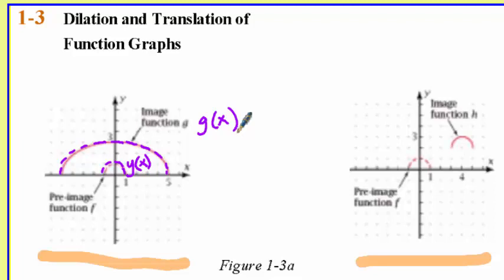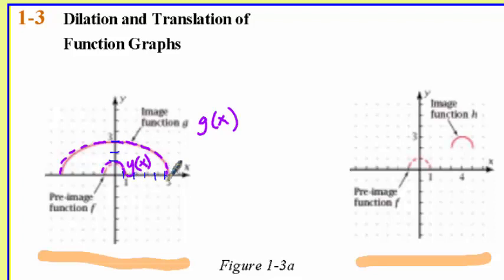As you can see, the g of x is somewhat like 3 units away. Actually it is 3 units away from the x-axis, and it's 5 units away from the y-axis.